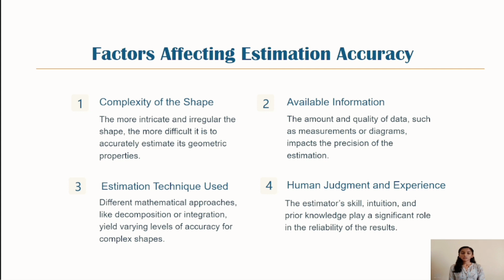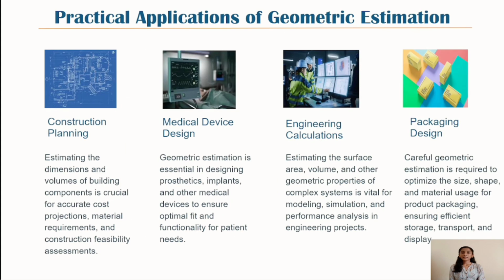Estimation technique used. Different mathematical approaches like decomposition or integration yield varying levels of accuracy for complex shapes. Human judgment and experience. The estimator's skill, intuition, and prior knowledge play a significant role in the reliability of the results.